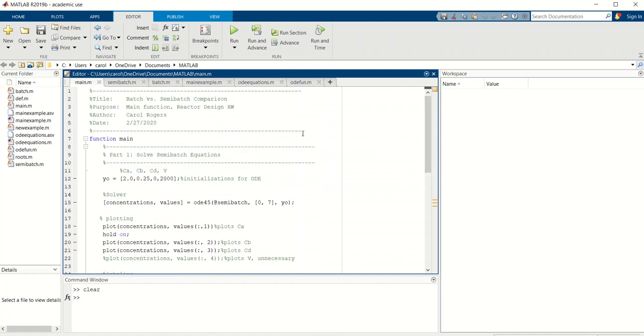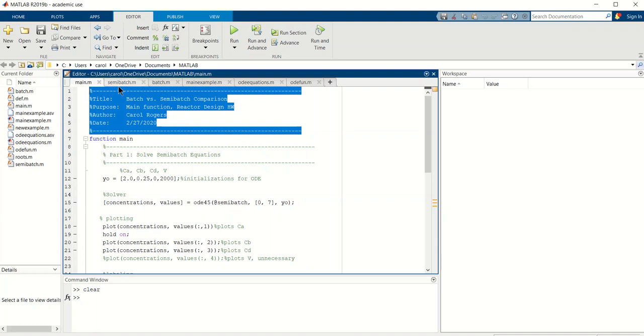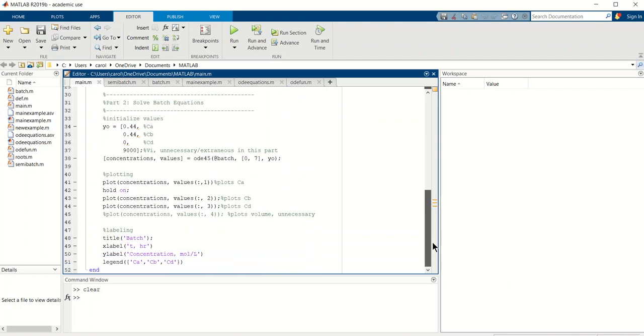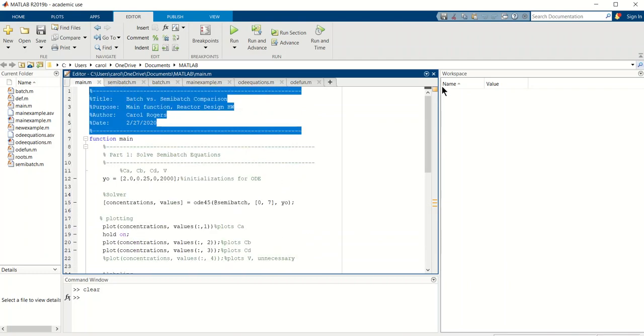I have a header here, and a lot of people don't do that because they only use MATLAB once or twice, but it really comes in handy when you later need to find a very specific format for something you're working on. If you don't label things correctly, it's going to be really hard to come back and see what you were doing at the time.